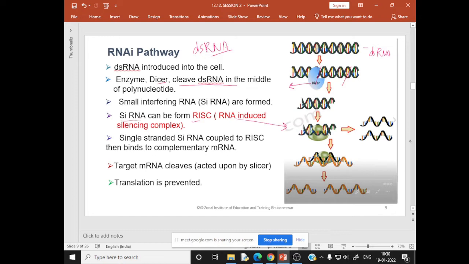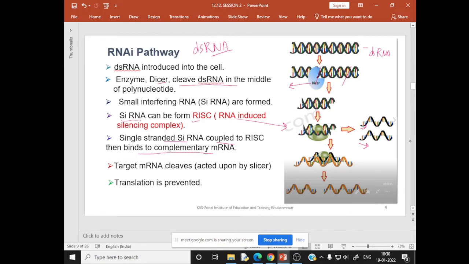Small interfering RNAs are processed by the RISC complex, which is called the RNA induced silencing complex. Now the RNAs are separated. Single stranded RNA couples with RISC and then binds to complementary mRNA.